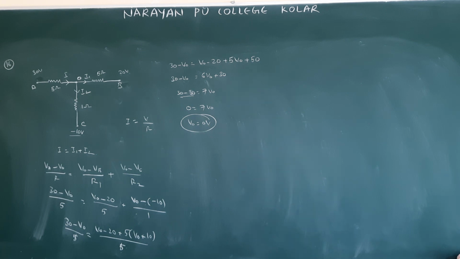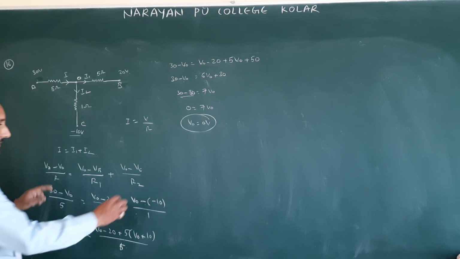Next, question number 17. In the previous problem, ratio of currents in the three resistances. Ratio of currents in the three resistances means I is to I1 is to I2. What is I value? VA minus V0 by R. What is VA value? 30. Now V0 value we got how much? 0.